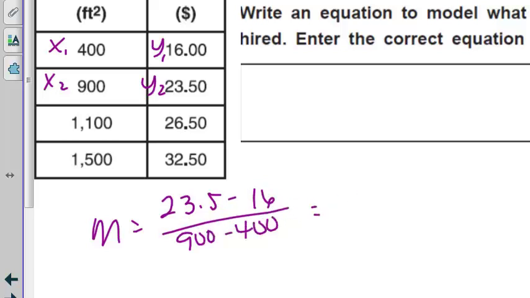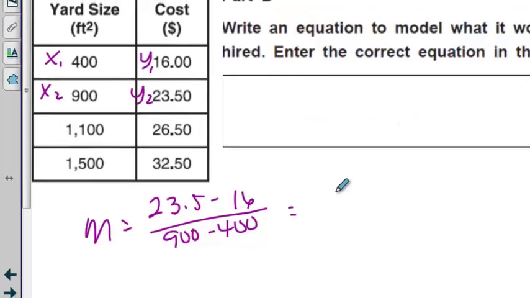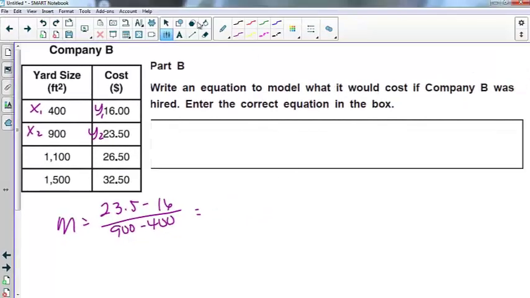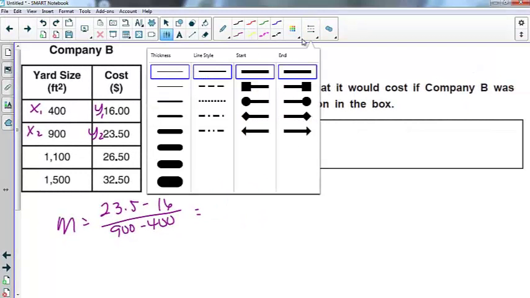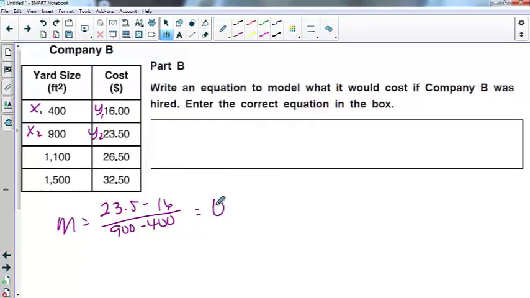Okay. So what did I get, or what did you get rather, when you did this? Say it again for me. 0.015. Okay, so m is 0.015.